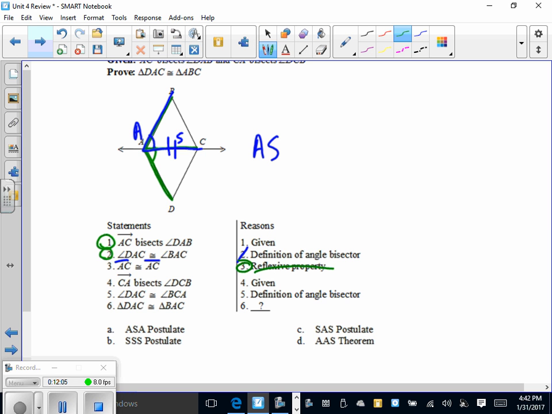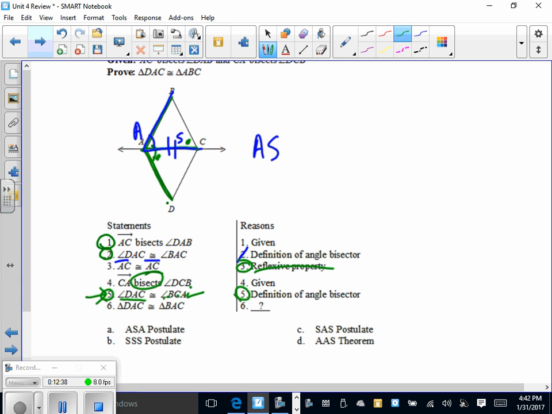Then it says that ray CA bisects angle DCB, and in number 5 it tells you by that definition that angle DAC, that's this angle, is congruent to BCA, which is this angle.